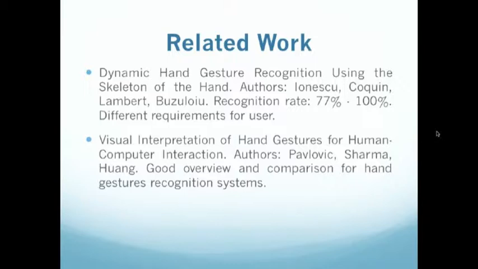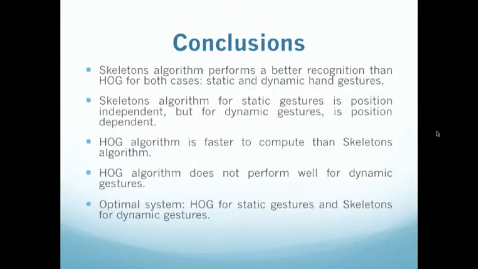This paper provides a good overview and a good comparison for hand gesture recognition systems. So it's a good paper in terms of covering the basics of the methods and techniques used for hand gesture recognition. In this case, there was no recognition rate achieved because it was pretty much a comparison paper.